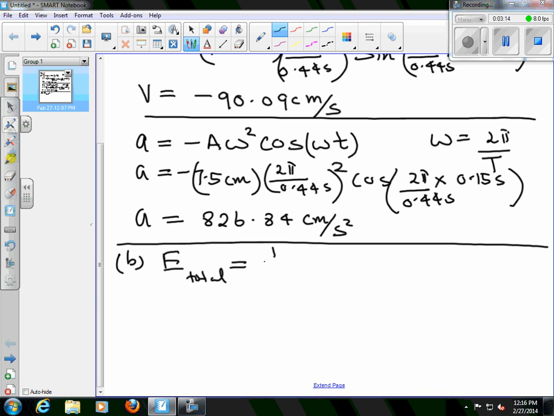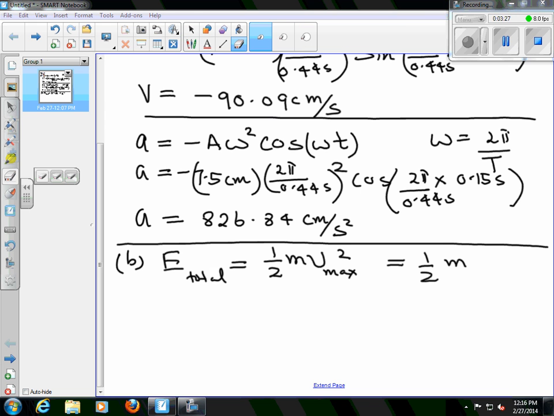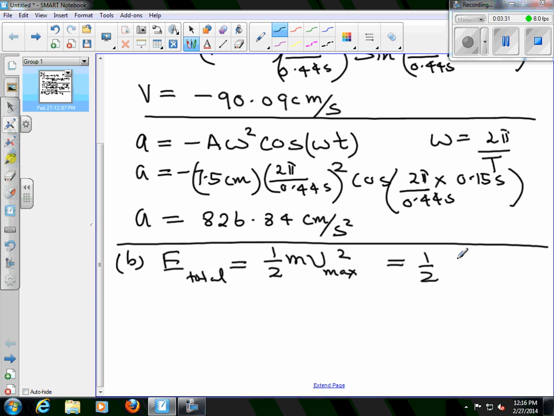Either it is half m v max squared, or half k A squared. Now this is the maximum potential energy you can have.